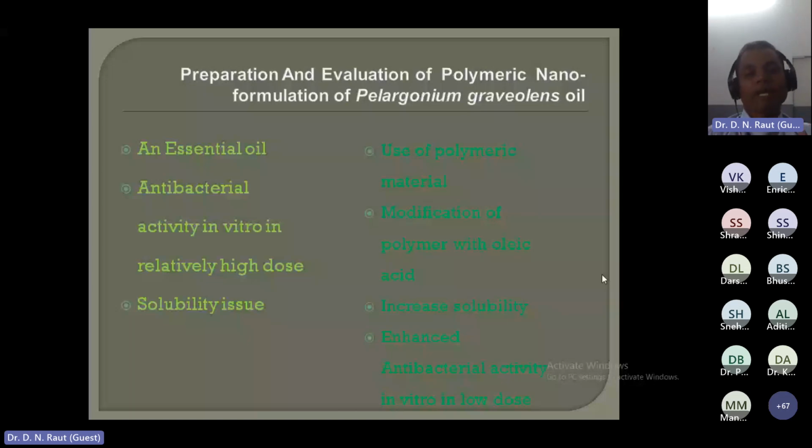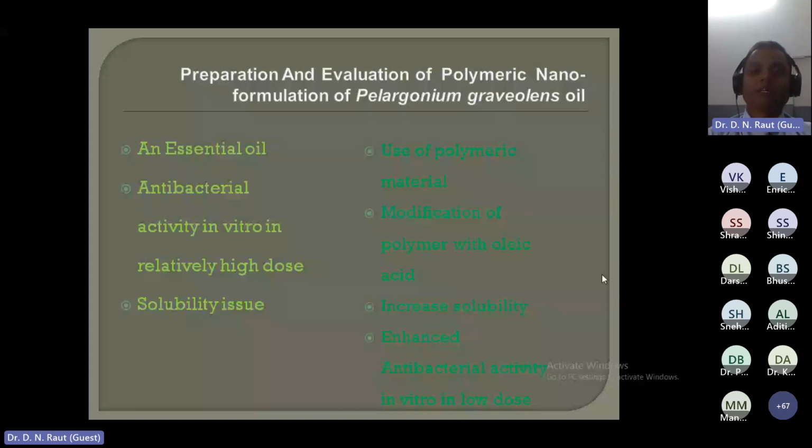Then we made some modifications in the polymer, and we mixed it with oleic acid. There are some oils or fatty acids which we can use as excipients, as well as for enhancement of activity, because oleic acid and these types of acids could have similar activity at higher concentrations, or low activity at the concentration used, which could support the actual activity of the drugs that we incorporate in it.